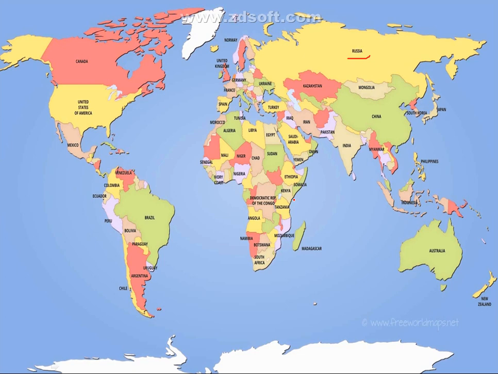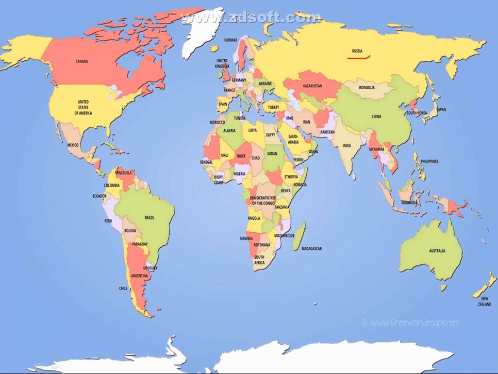Only 37% of Russia's area is in Europe, but we know Russia as a European country because the capital and big cities of Russia are exactly in Europe. For example, Moscow is in Europe, St. Petersburg is in Europe, and also most of its population is living in Europe. So we know Russia as European.